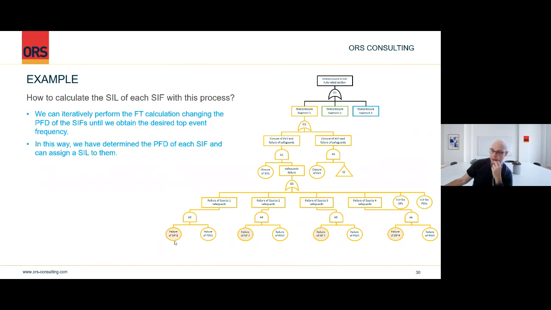So you need to calculate and demonstrate that each of these safety instrumented functions will achieve that in the design stage, will achieve that in real life, and then you need to test them every year to make sure that that's still the case. So basically, you need to follow the functional safety life cycle for each of these functions if you find that they do have a SIL requirement.